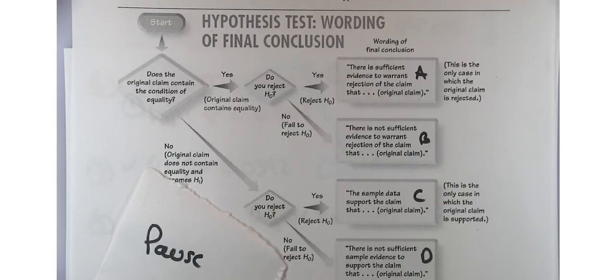Oh, that's the claimed value of sigma. It's not the original claim. It's just the claimed value. That's what you have to use for your hypothesis test. So it's just asking for that number. It's not the same as the original claim. So when we're doing step 5, we're looking at P and alpha.